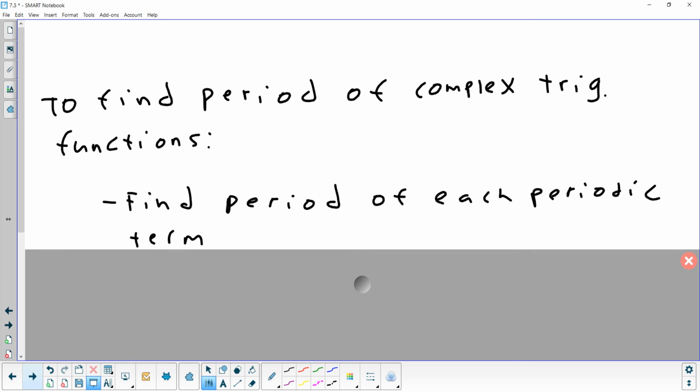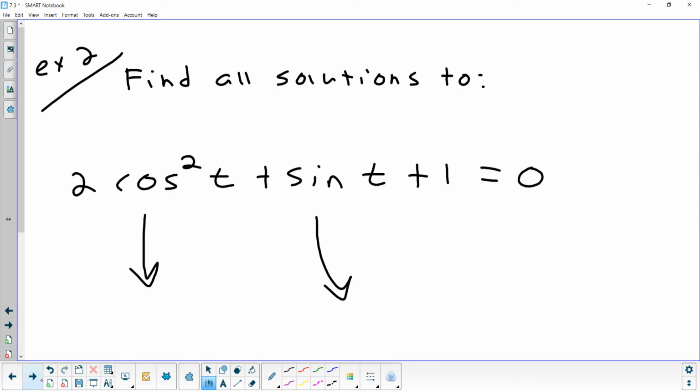So how do you find the period of a more complicated trig equation? An example of a more complex trig equation would be this one. There are two periodic terms in this, cosine squared and sine.